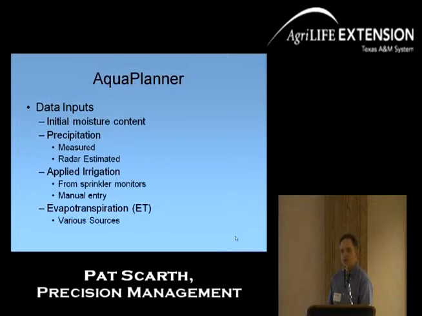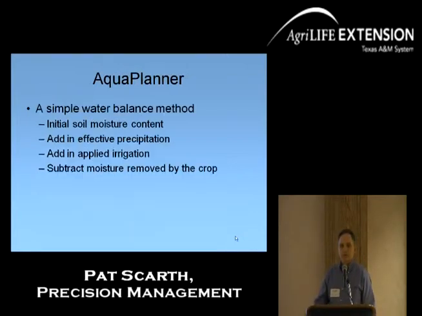The data inputs into the system are the initial soil moisture content for the field at planting time, and then we keep track of precipitation, and we keep track of applied irrigation, and then the daily ET.